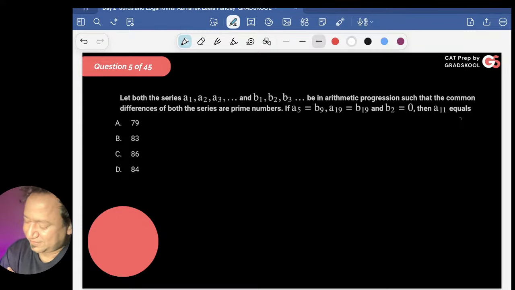Very good. Nice learnings. So here we had two arithmetic progressions, both with common difference a prime number. You know what? Whenever there is a prime number, it plays with your mind. Prime numbers are strange, weirdest of all the numbers in the world, in the universe, I would say.